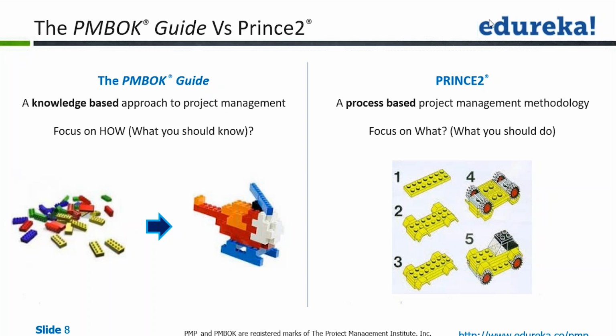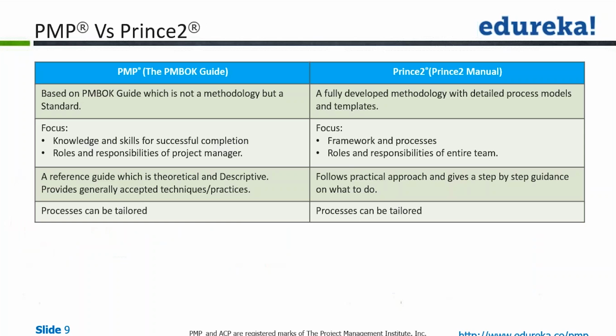Okay, and moving on to the next slide. This slide talks about the key differences between these two certifications. So PMP certification, as I told you, which is based on the PMBOK guide, is not a methodology, but it's a collection of the best practices across the globe.